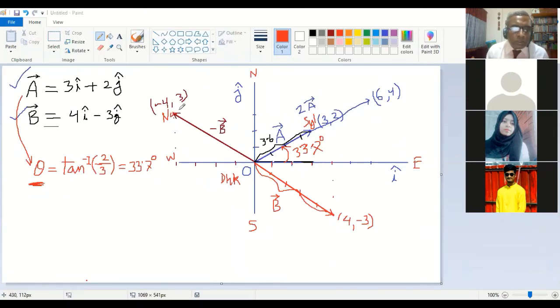Okay, sir, Bogura. Bogura, yes, maybe possible. Say Bogura. So if it is Dhaka to Bogura, then what will be the angle? Angle will be this angle, right? You understand what I say? Yes, sir. Angle will be this angle.